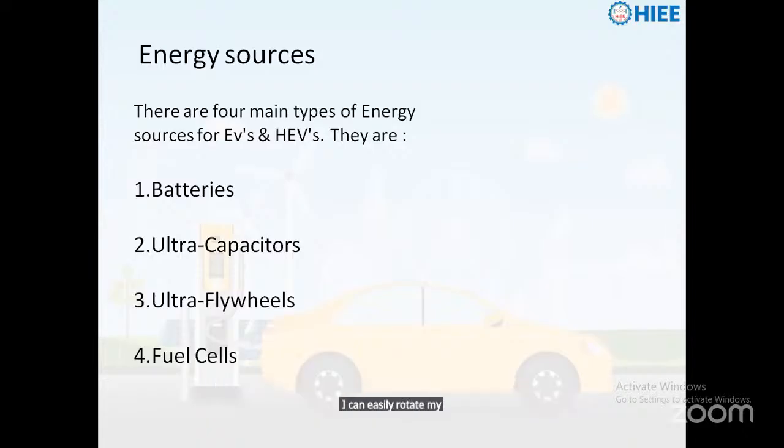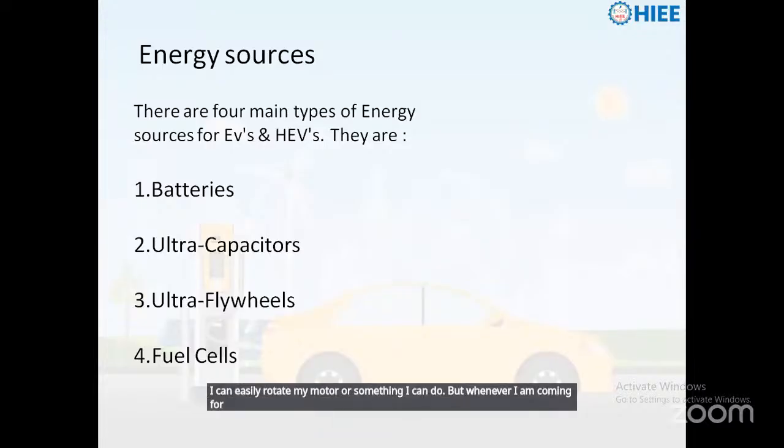But with vehicles, I can't carry a 1 kilometer wire, and I can't switch my cable or terminal for every 1 kilometer of travel. So I need a storage device which stores electrical energy, or stores some energy and converts it into electrical energy. These storage devices are known as our energy sources.